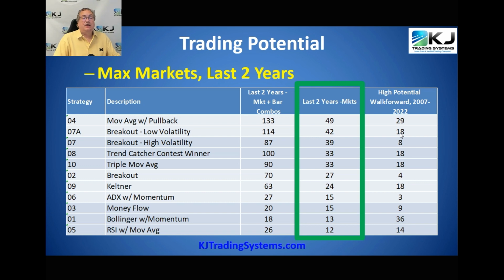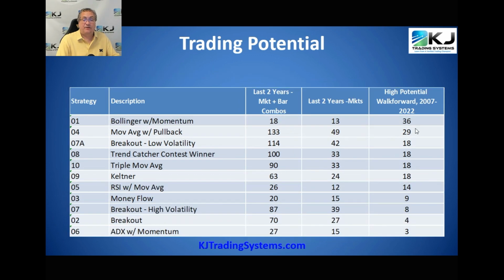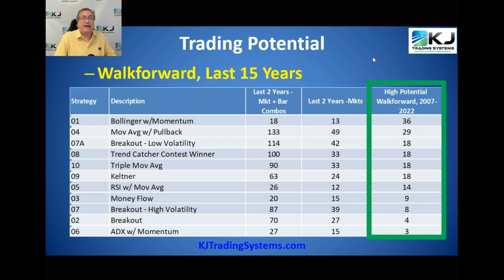But then you want to identify ones that look good with a walk forward test over a long period of time. And I do roughly from 2007 to present. So what's that, like 15, 16 years? Roughly about that amount of time. What combinations have some potential to them? And that's what I've done right here.